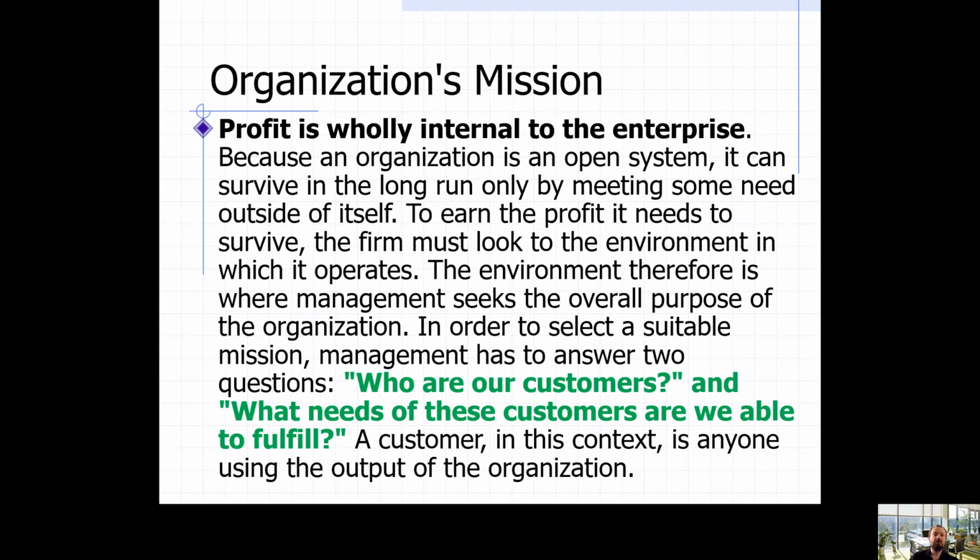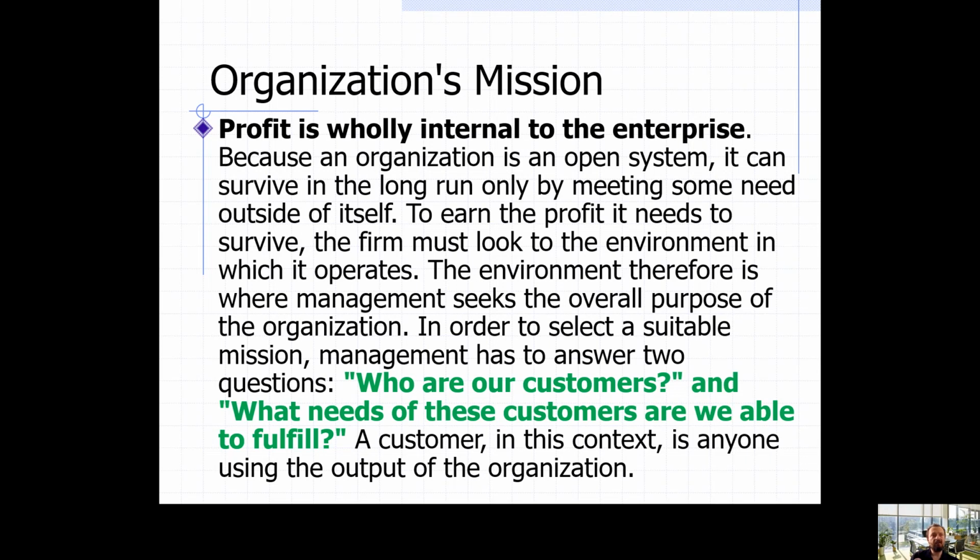And generally, profitability is only internal to the enterprise, and generally it connects the organization maybe only with its owners, and that's all.